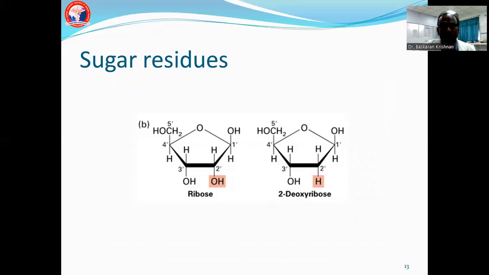Sugar moiety or sugar residues: we have ribose or deoxyribose, the pentose sugars. Ribose is the D-isomer, D-ribose, and 2-deoxy-D-ribose. In deoxyribose, at the second position, the oxygen is replaced by hydrogen, so that's why it is deoxyribose.